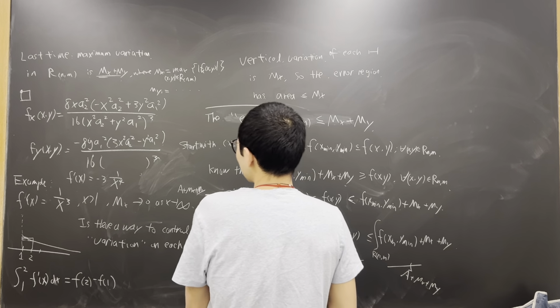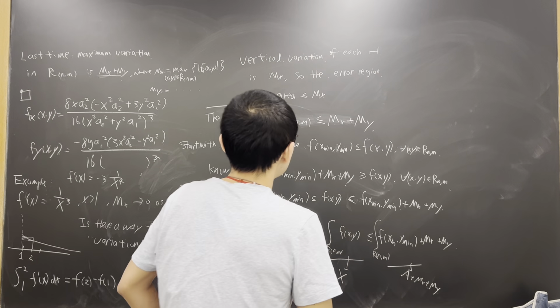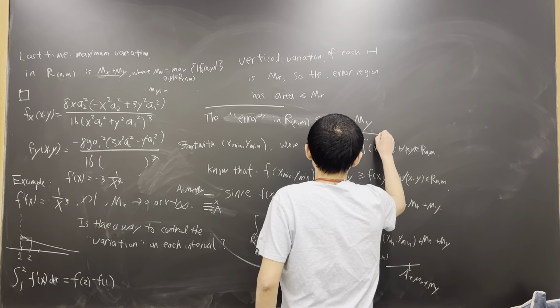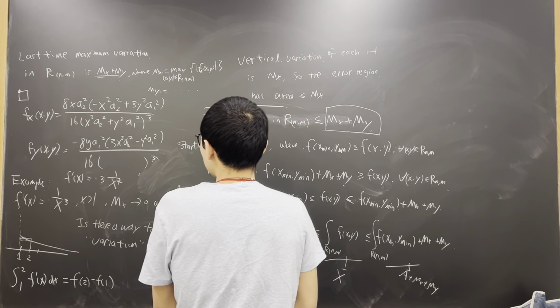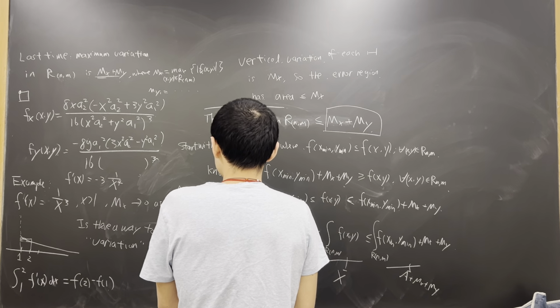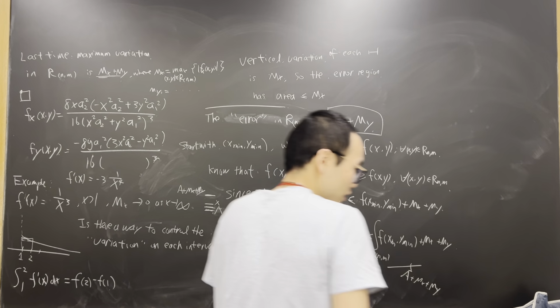So the question becomes, if we can find a way to somehow sum this mx and my, I think we are fine, right? But let me think.